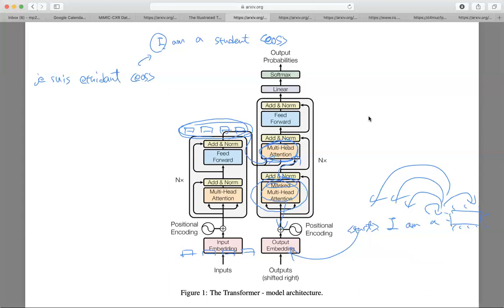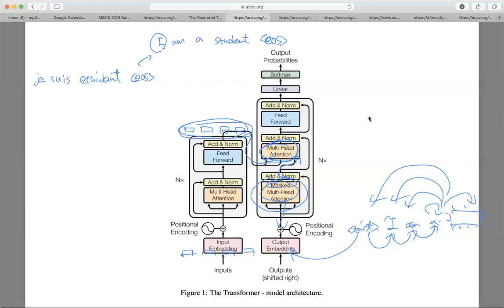If we allow "a" to attend to "student", or "am" to attend to "a", or "I" to attend to "am", or start to attend to "I", this would be cheating, because when we're predicting "student", no token should be allowed to attend to "student", because it hasn't been predicted yet. So that would be cheating.